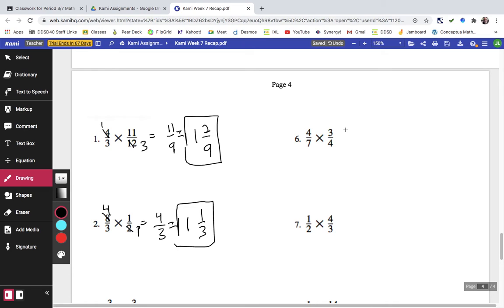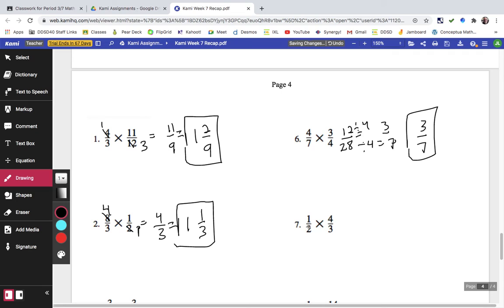And I'll do the standard way on this. 4 times 3 is equal to 12. 7 times 4 is equal to 28. I can simplify that. 4 goes in here. We divide that by 4 and we get 7, divide that by 4 and we get 3. So 3/7.